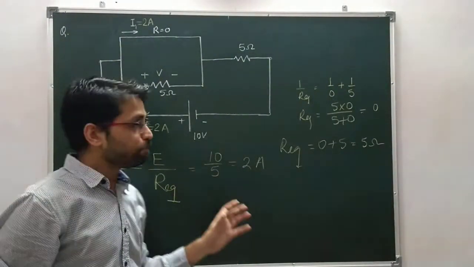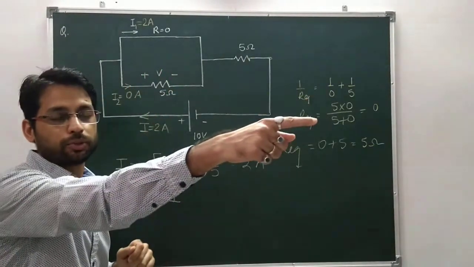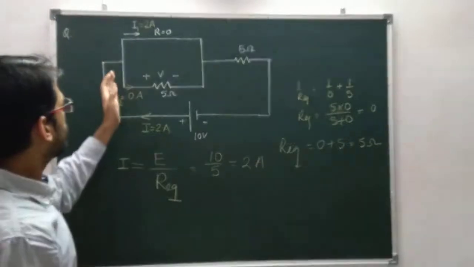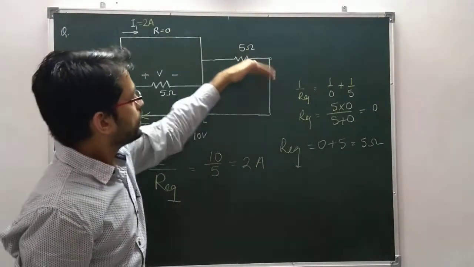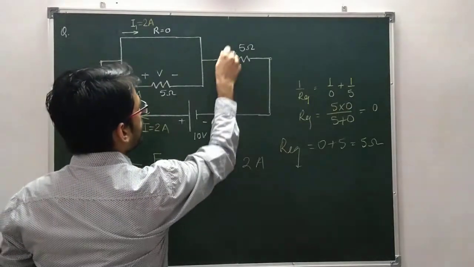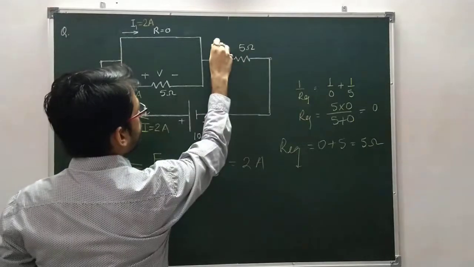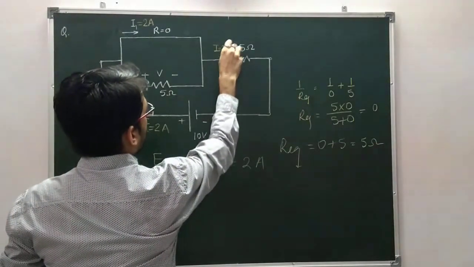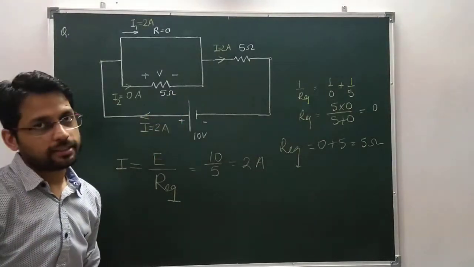When the resistance is zero, the whole current flows through that branch. So the 2 ampere current flows through this branch and emerges at this point. I equals 2 ampere, and no current will flow through the 5 ohm resistor.